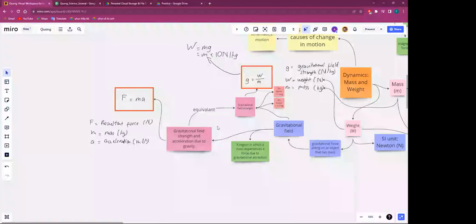Yeah, agree. And if you compare this one with F equals ma, what conclusion can you have about g, the nature of g? I agree that g is the gravitational field strength.